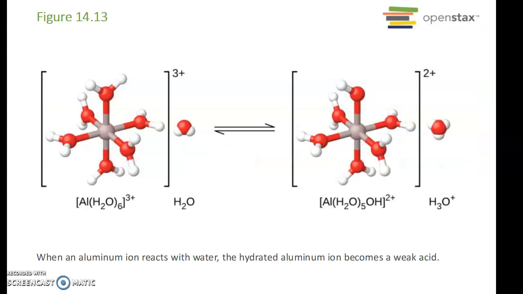The other one that I want to look at is the aluminum ion itself reacting with water. And you can see how hydrated it becomes. That's the H2O. When it's by itself, that means that the aluminum ion has 6 water molecules surrounding it.